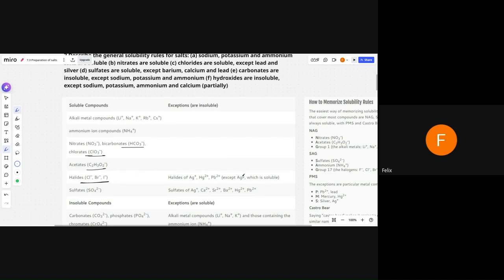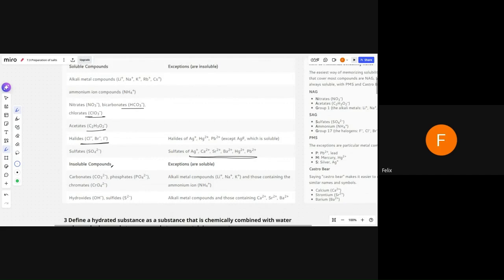But silver fluoride is another exception, which is soluble. Sulfates are soluble, but if they are connected with these ions, like silver sulfate, they will be insoluble. Calcium sulfate, strontium sulfate, barium sulfate, mercury sulfate, and lead sulfate will be insoluble.